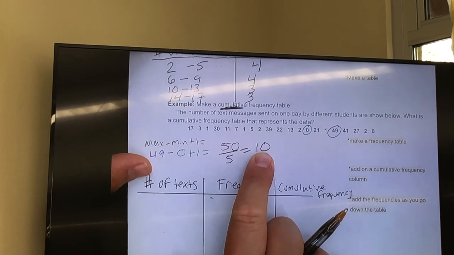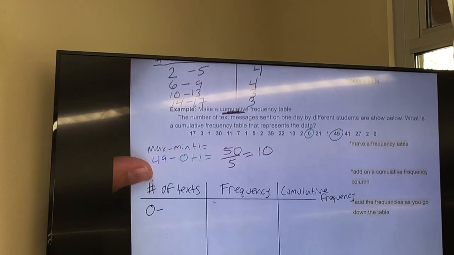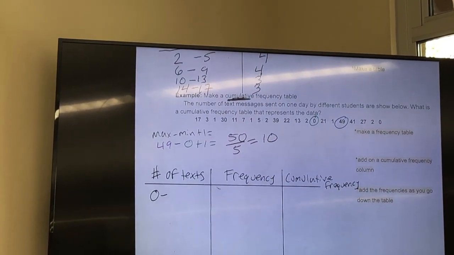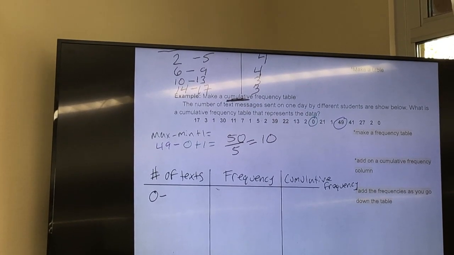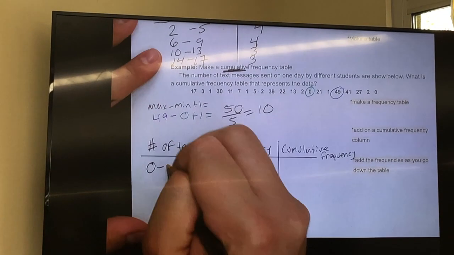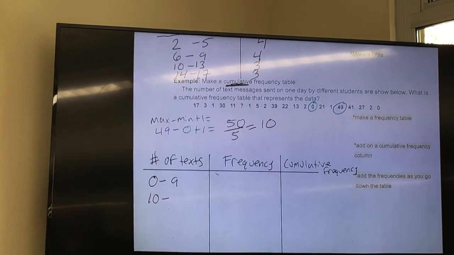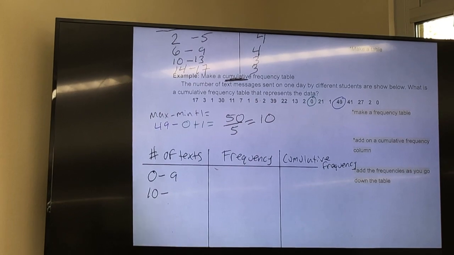So we again always start at our min, so the number 0, and we are going to count out 10 numbers. So 0, 1, 2, 3, 4, 5, 6, 7, 8, 9. Again, I counted with my fingers. We ended at 9. The next one will start at 10. So 10, 11, 12, 13, 14, 15, 16, 17, 18, 19.